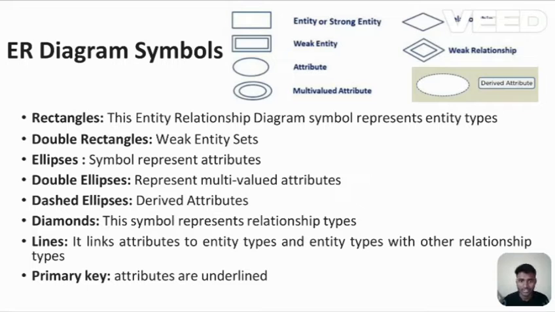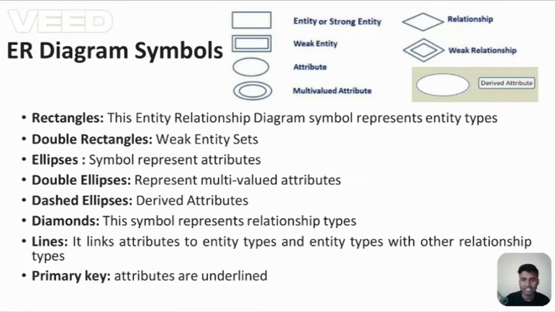The double ellipse represents a multi-valued attribute. We can understand this with an example: my friend Atharva has three phone numbers. Atharva is a strong entity, and his phone number is an attribute, but he has multiple phone numbers, so the phone numbers come under a multi-valued attribute. This was the example for a multi-valued attribute.